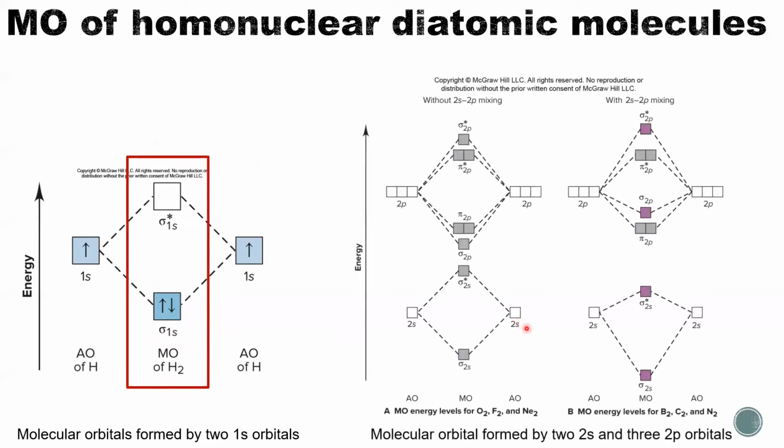If we have other diatomic elements in the second period, we can also have oxygen, fluorine, and neon, and also boron, carbon, and nitrogen.